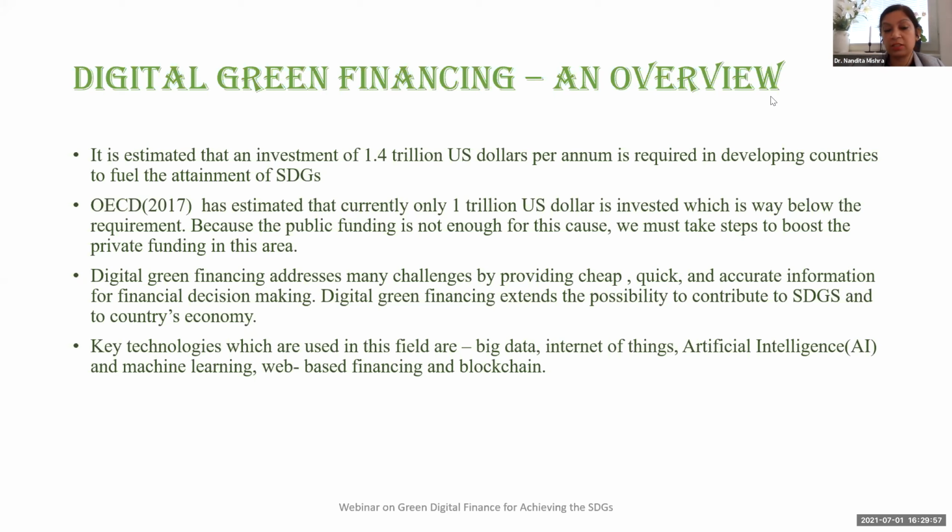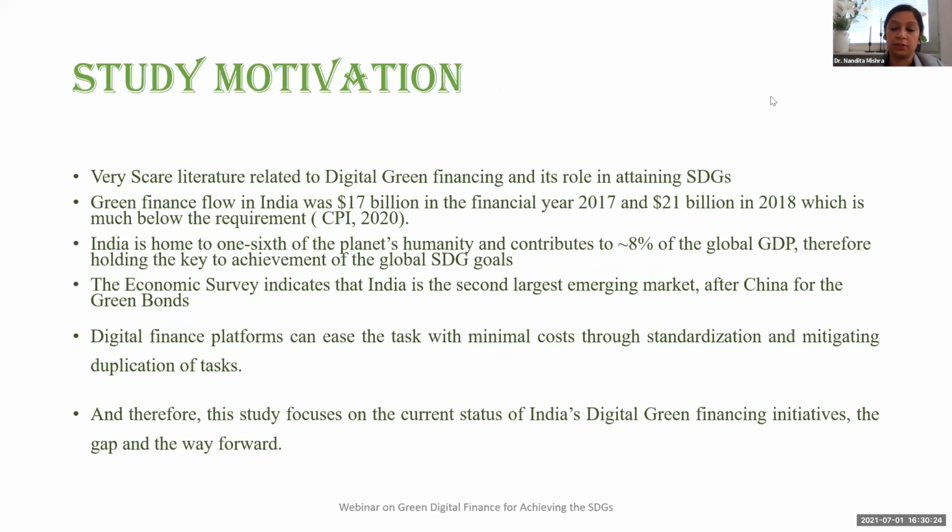Digital green financing is a solution to this problem because it is cheaper, it is quick, and it has accurate information which we require for financial decision making. In this chapter, we will emphasize key technologies: big data, Internet of Things, artificial intelligence and machine learning, web-based financing, and blockchain. We'll also try to define green digital financing.